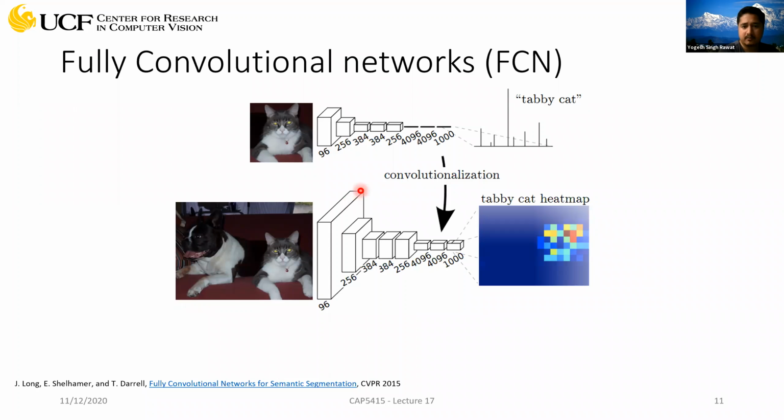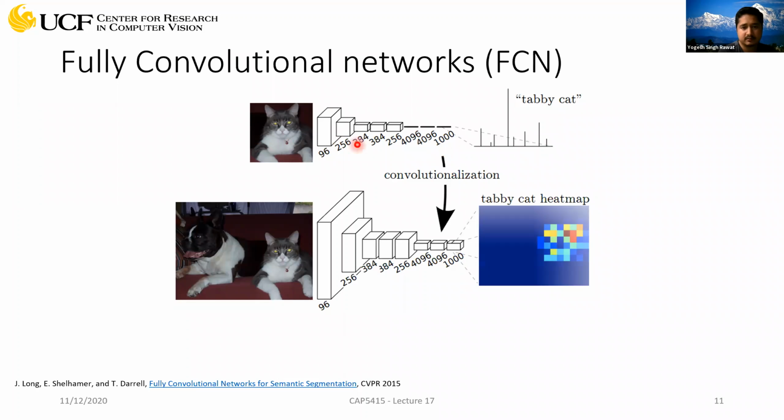Before we begin, just a quick recap, and I think we have covered this in one of the lectures where we talked about convolutional neural networks. So a standard CNN where you are performing a classification task: you have an input image, and then you will have several convolution layers.